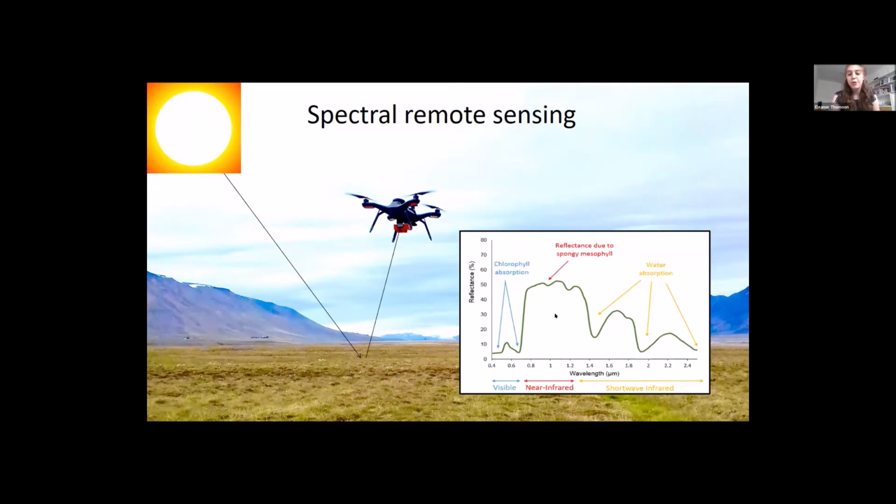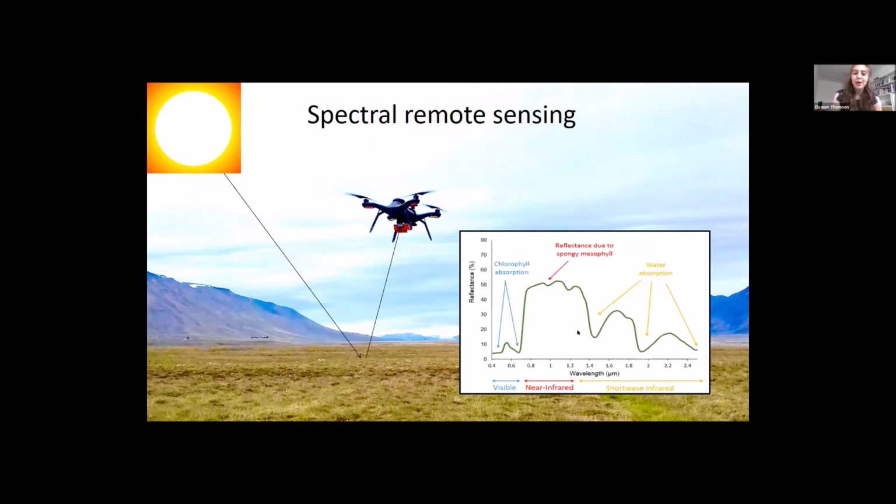So we can derive chemical and biochemical information. For example, in the visible spectrum here, we can derive information about chlorophyll and about nitrogen concentration. And these dips up here in the infrared part of the spectrum correlate to moisture levels, so we can see how moist a plant is or how water stressed it is, for example.